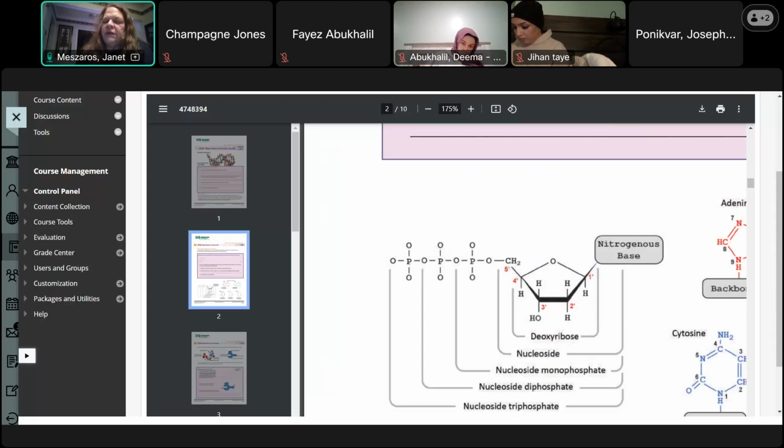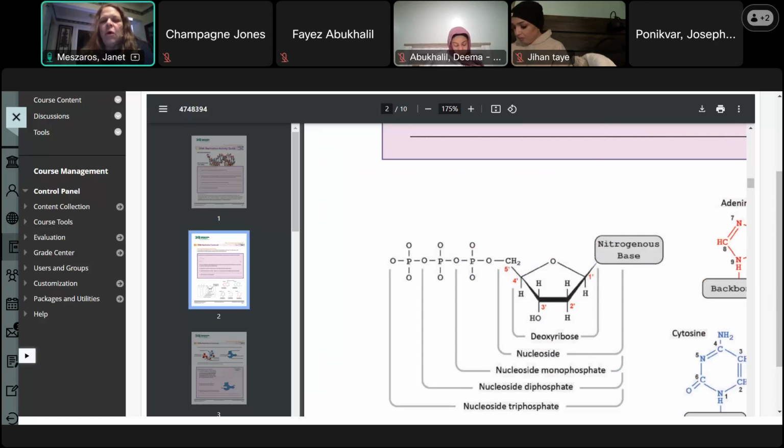Now I'm going to tell you what's attached to these because you need to know it. At the 1' carbon is where there's a nitrogenous base, or the base. And I'll take you through what those bases are: adenine, thymine, guanine, or cytosine. We're going to look at them in a minute. But this is where the base is. The base is always attached to the 1' carbon of deoxyribose.